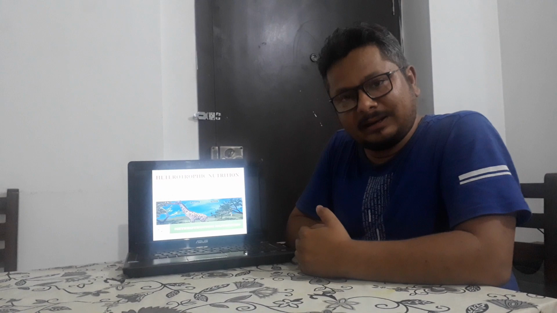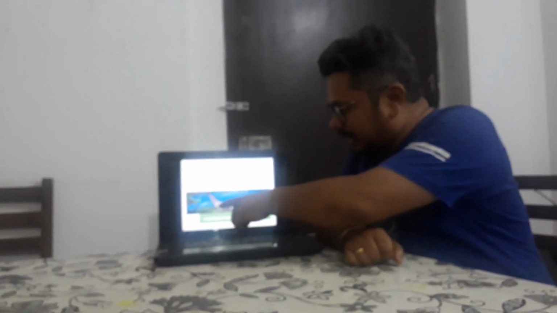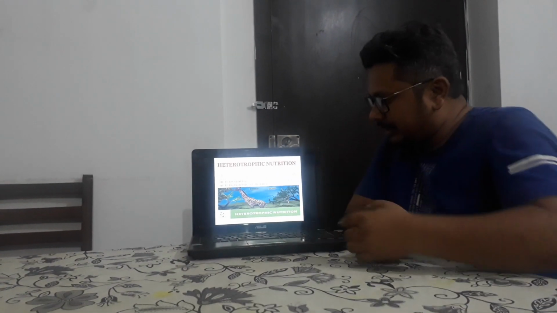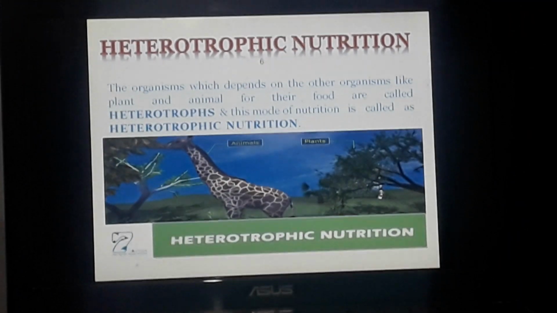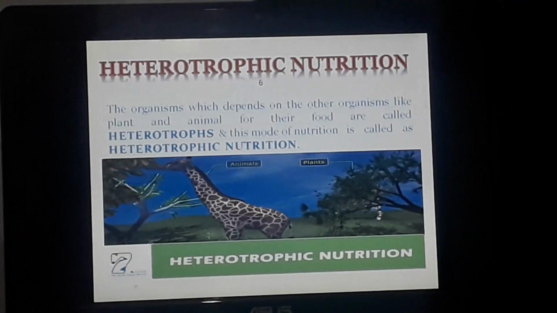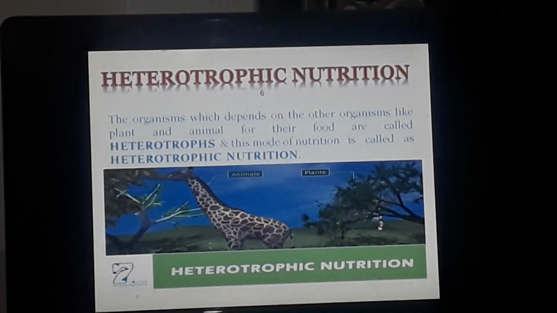You can see here the animal, the giraffe, it is a heterotroph and it is dependent upon the plants for its nourishment. So this is the best example of heterotrophic nutrition.